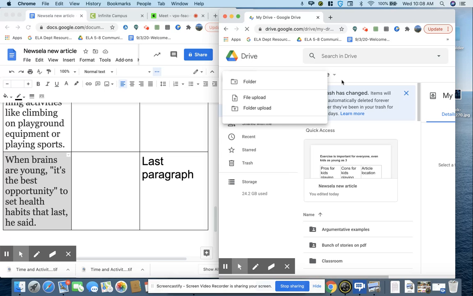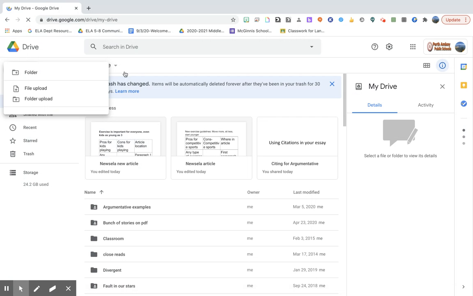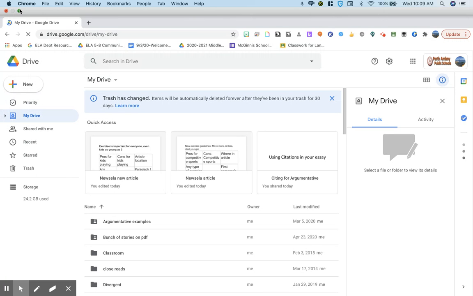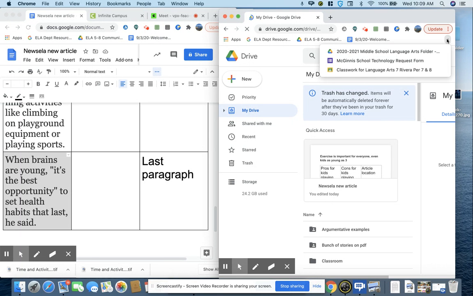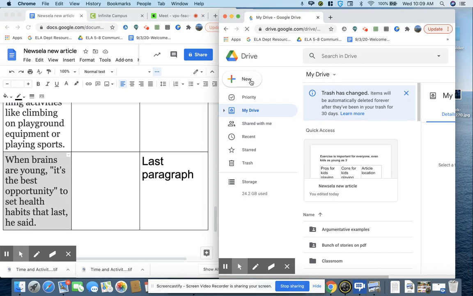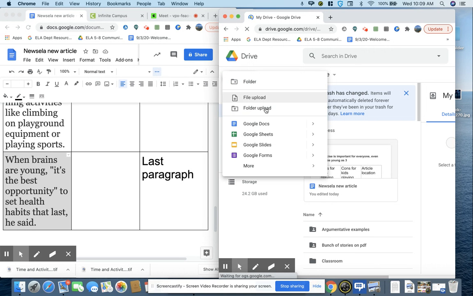Where are the rest of the options? Come on, I don't know why it's doing that. Why is it not letting me pull up Google Docs? There we go.